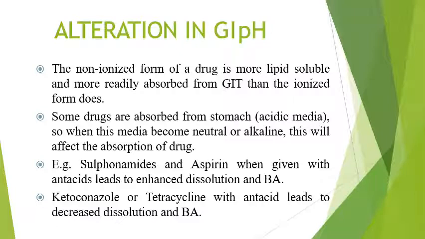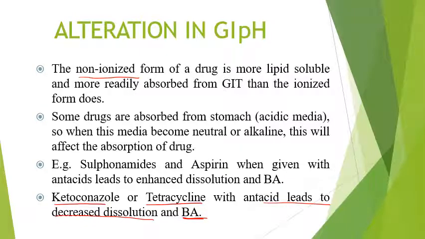So let's talk about alteration in GI pH. As we know, the non-ionized form of the drug is more lipid soluble and gets readily absorbed as compared to the ionized drug. And there are some drugs which require acidic medium for their absorption. If we have administered antacid with drugs like ketoconazole or tetracycline, which require acidic medium for their absorption, it will lead to decreased dissolution and bioavailability.